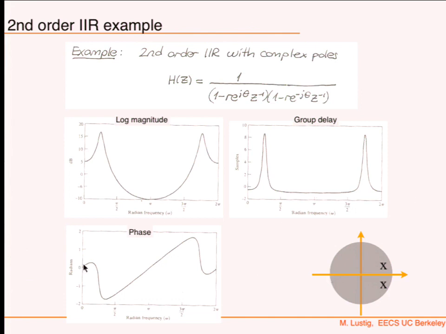If you look at the phase, you get significant effects where you get closer to the poles, but the shape is very similar. This is the contribution of two, remember? It's the same shape that you saw before, added together with a shifted version. That's the nice thing about phase response: it adds in frequency. And if you look at the group delay, there is a significant delay at those frequencies.